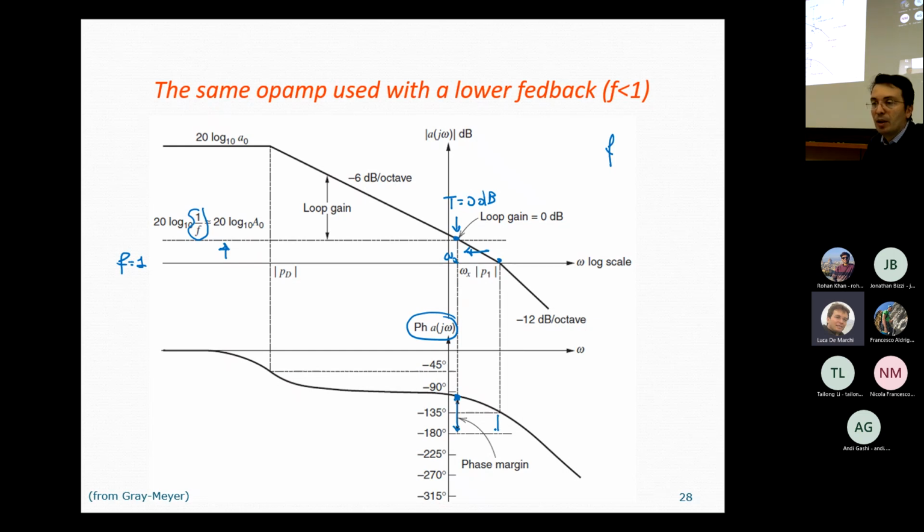So if we can guarantee stability for f equal to 1, then we can be 100% sure that our circuit will be stable also if f will be smaller than 1. That's why in practical design often the stability analysis is performed in a unitary feedback condition, because these conditions are the most critical for stability issues.